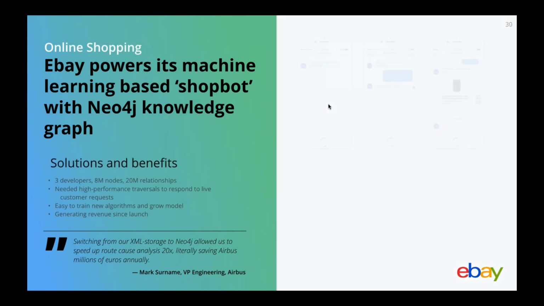And to think about how you would actually look at that from a graph standpoint, if we asked the ShopBot, can you show me a brown leather Coach messenger bag, the bags under $100? There's a lot of information that actually has to be correlated to do that. And there's the categories of color, material, brand, type of item, cost.